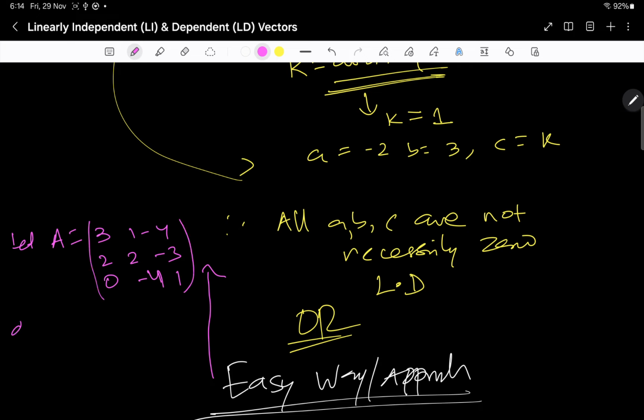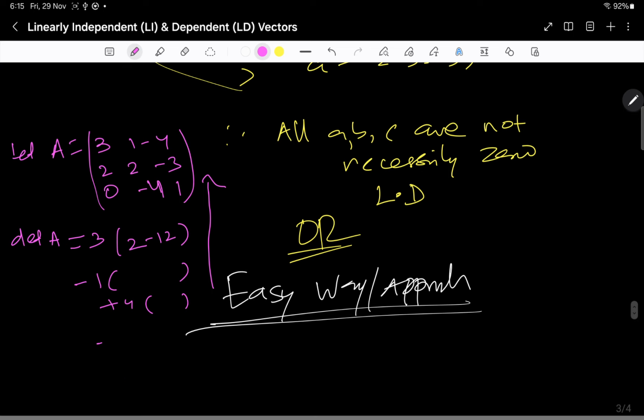If I find the determinant of A, if we work it out, it is 3 into 2 minus plus minus 12, and similarly minus 1 into this, similarly 4 into this. If you find it, it is 0.